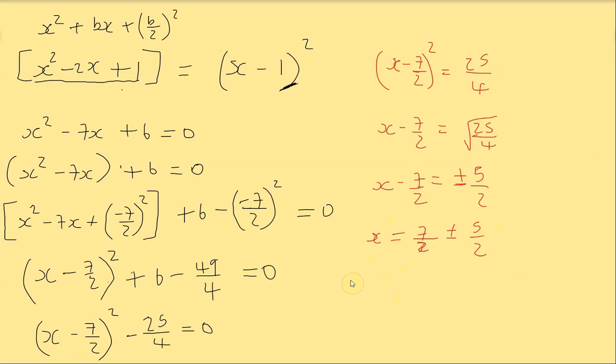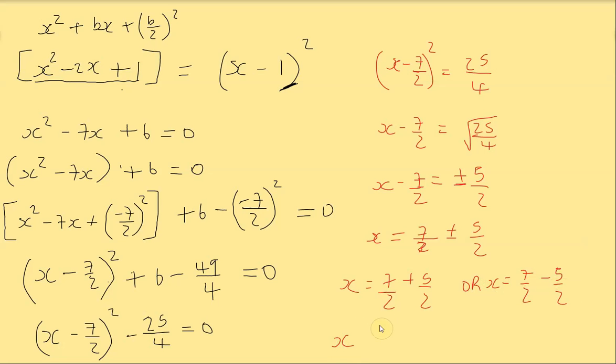So now solving for x, we'll have x is equal to 7 over 2 plus 5 over 2, or x is equal to 7 over 2 minus 5 over 2.